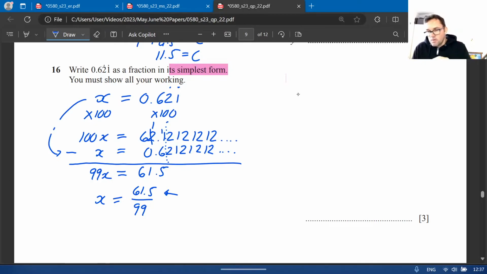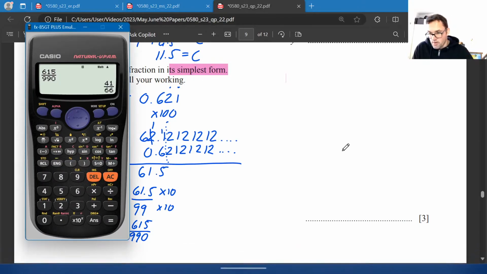It will never end. So we need to make these integers, whole numbers. Luckily, we know about equivalent fractions. If we do something to the numerator, we need to do the same to the denominator. Multiplying the top by 10 will make it 615, with no more decimals, as long as we do the same to the bottom. And there we've got a fraction, 615 over 990.